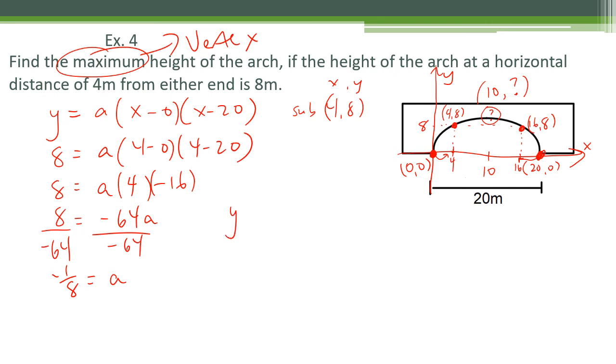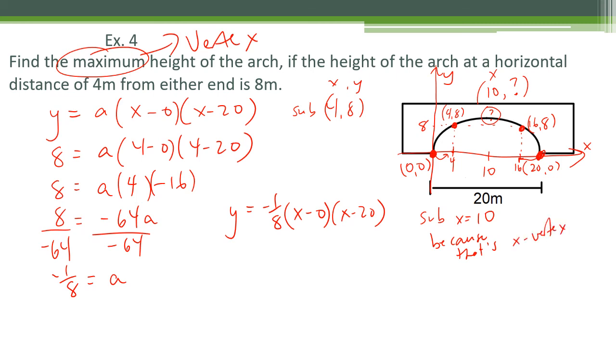So now that I know that, we can go here. But I need to find the coordinate of my vertex. In other words, you're looking for your y coordinate. Well, I know that the y coordinate, at the vertex, has an x of 10. So you're going to sub x equals 10 because that's the x of the vertex.